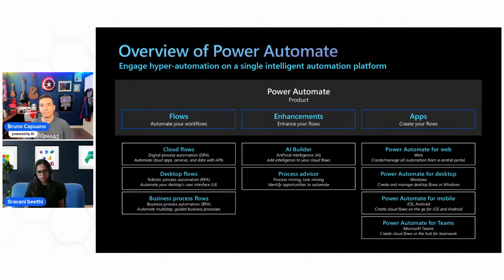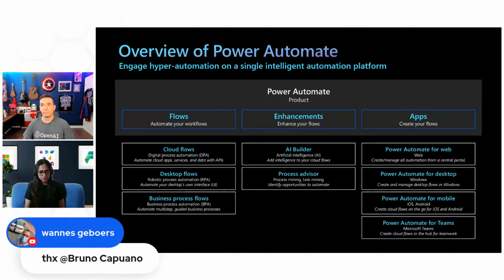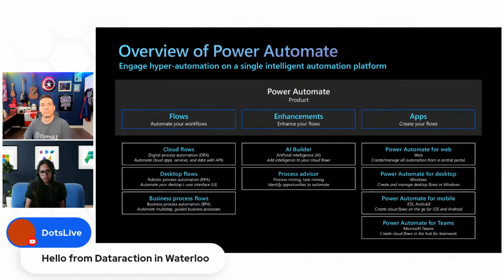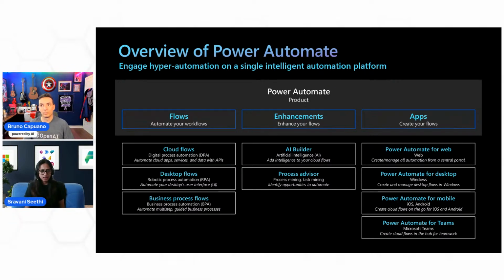You can also download Power Automate for desktop if you're building the RPA flows. And then you can download Power Automate on your mobile as well. You can build flows on your phone, and access approvals and such from your phone as well. And the last one is in Teams. You can build flows directly from your Teams client as well. Next slide, please, Bruno.